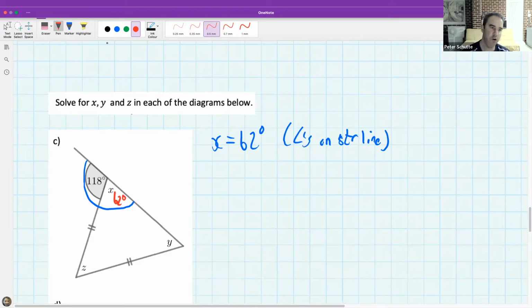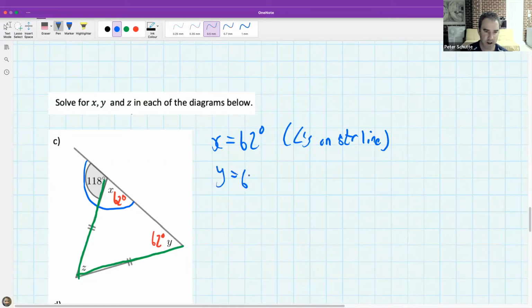So what you notice is that this triangle here has two equal sides, and so what we know from grade 9 and grade 10 is that angles opposite equal sides are themselves equal. And so it looks to me like this angle over here is going to be 62.